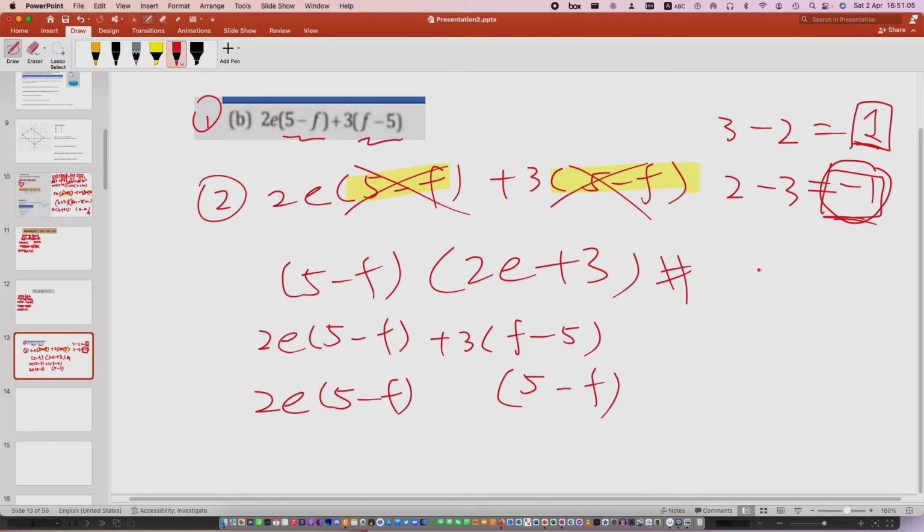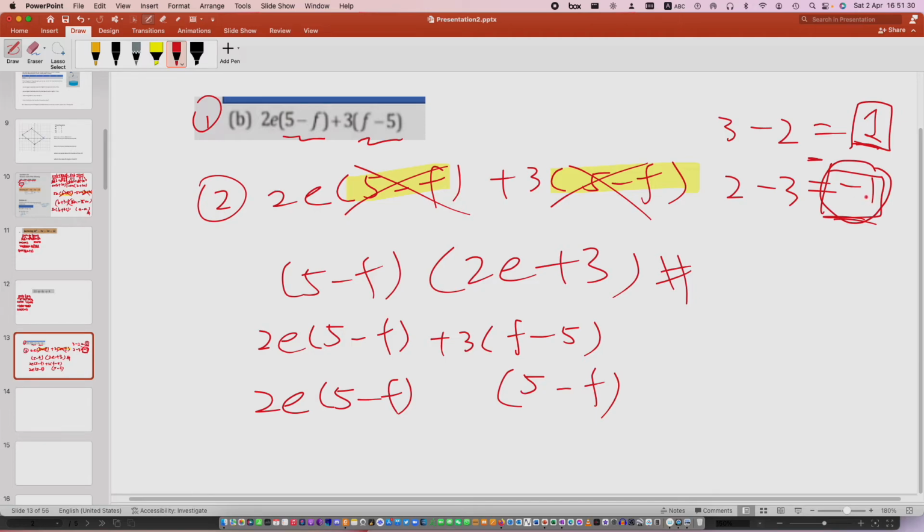So basically you are telling yourself, I changed the position, and because of the change of position, my answer is not the same. So you need to counteract the effect of changing the position. How do you make negative 1 into 1? You put a negative in front.